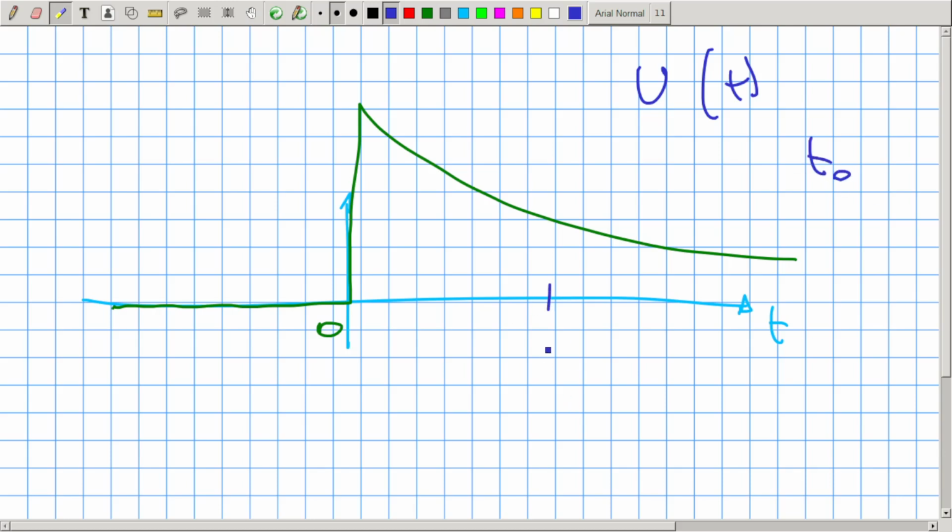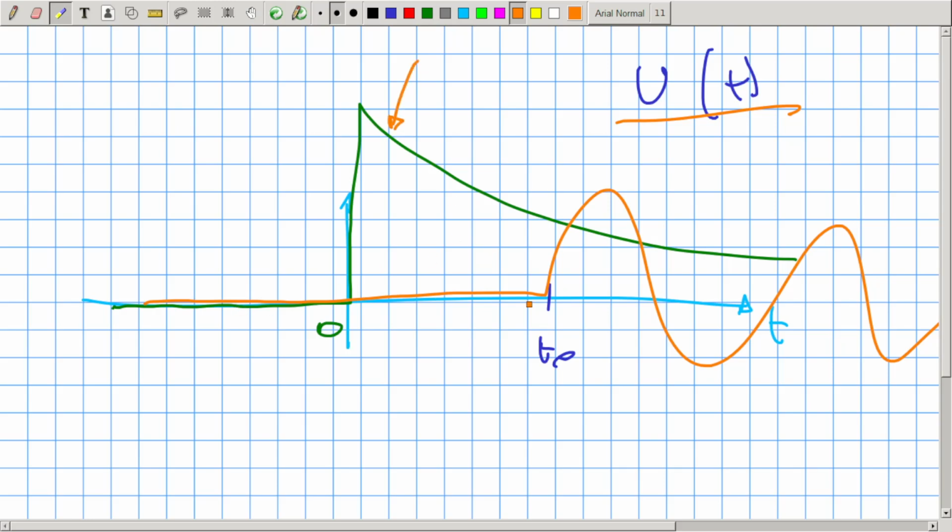Because we start the experiment at noon, and somehow we put noon here. So this is our t0, and we tend to assume that our u's are going to look like something.